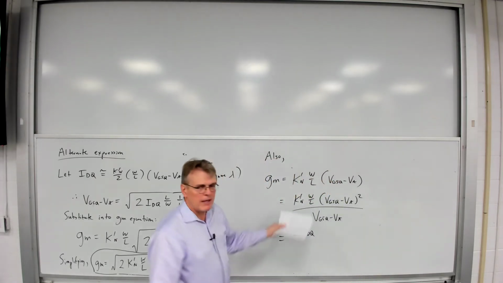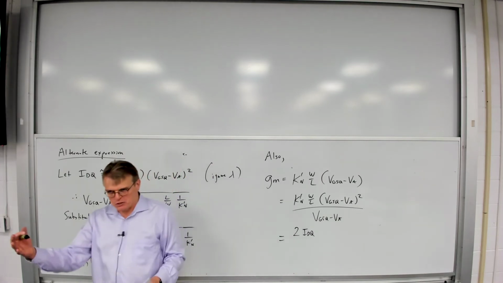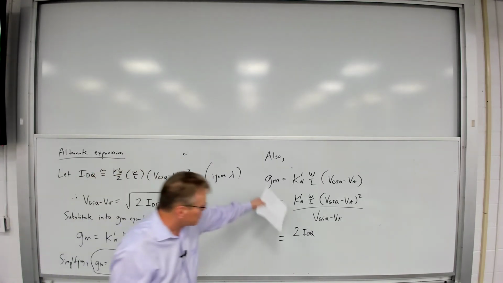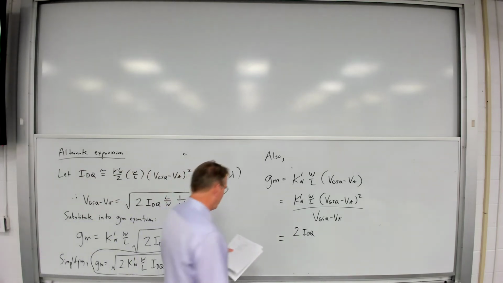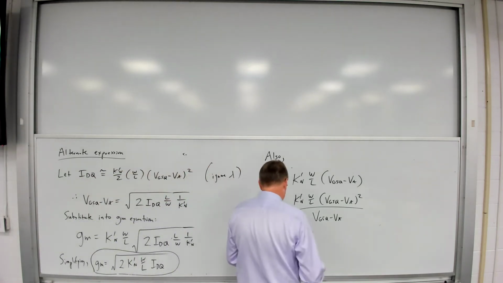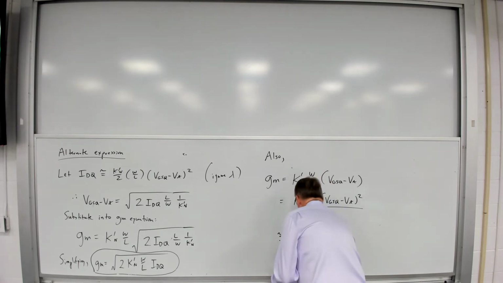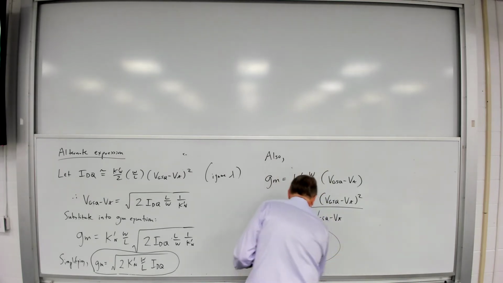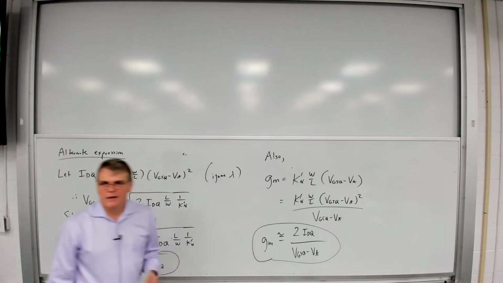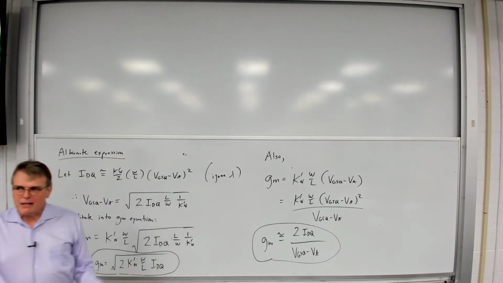I don't have the K prime N over 2, I've got just K prime N. So that's equal to twice the drain current from the top equation, divided by VGSQ minus VT. And here's GM. Now this is a handy equation.